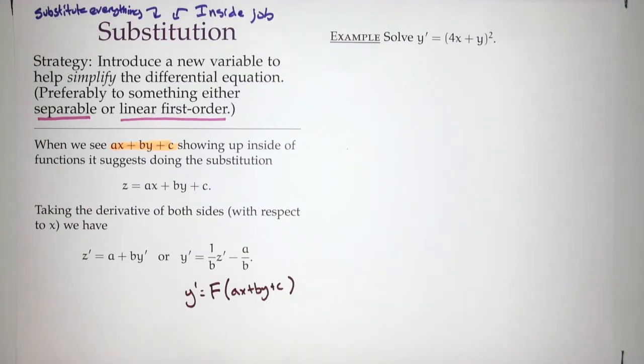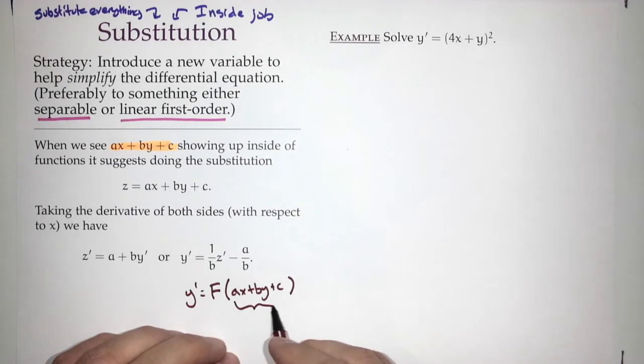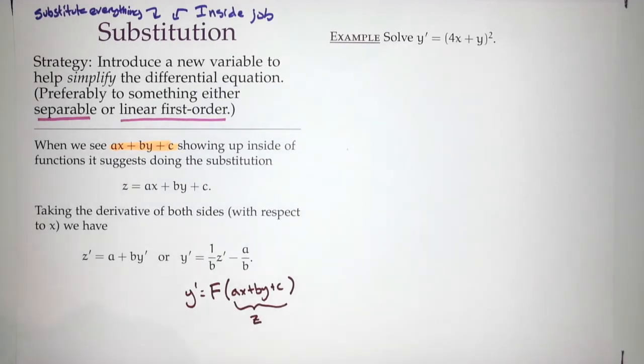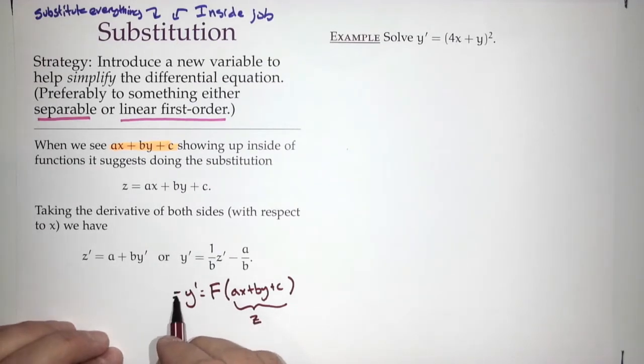So what happens? Well, we make our substitution, and we say the inside thing is our substitution. And now comes the time when we have to think about what's going on here, because we have some variables. We want to keep track of what variable is our input variable and what's our output variable. When we think about a differential equation like y prime equals something, it really says we're thinking about how y changes with x.